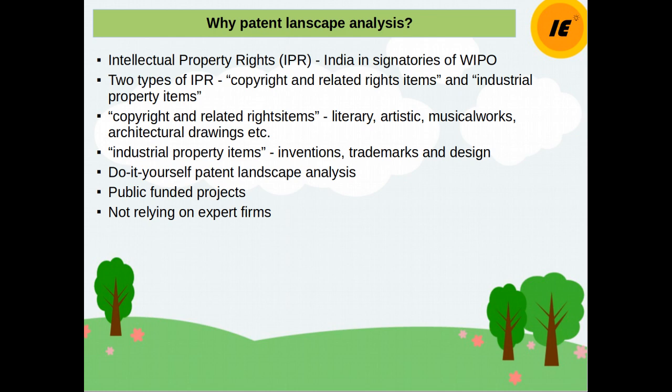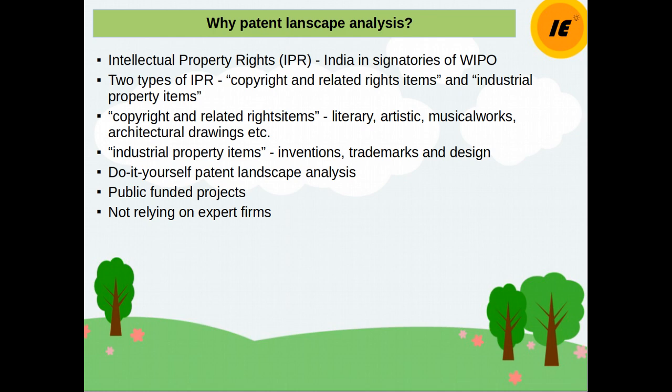IPR, or intellectual property rights, can be of two types: copyright and related rights items, and industrial property items. Copyright and related rights items are basically literary work, artistic work like paintings, musical works, and architectural drawings can also fall in that category.